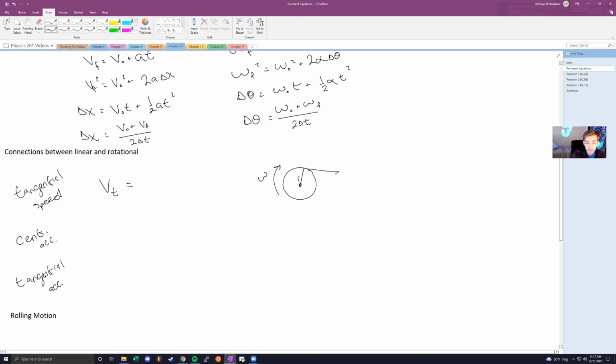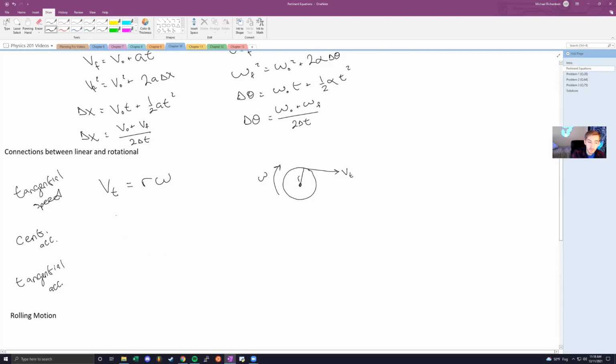Then we can say that tangent to the surface, we're going to have some velocity that is entirely equal to r times omega. This equation you will use quite a bit, or rather for substitutions and things like that.